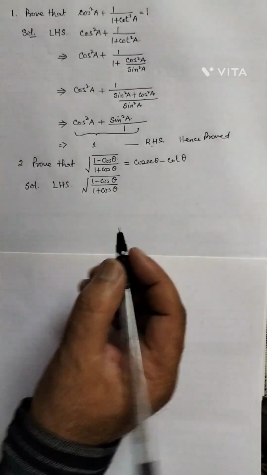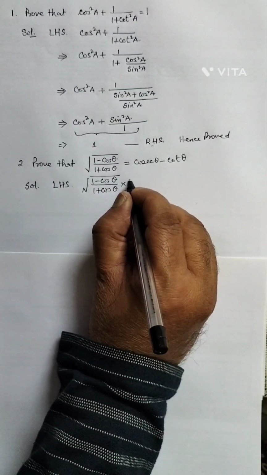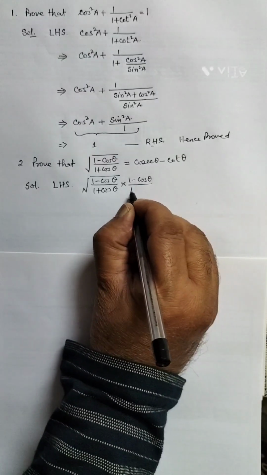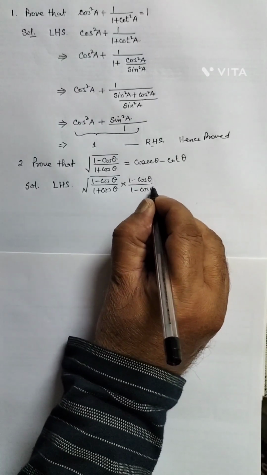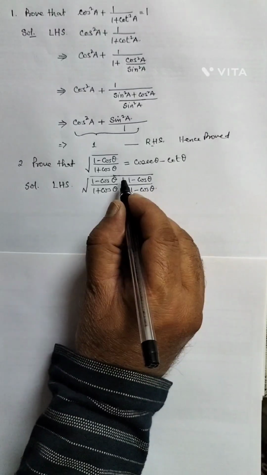Now here we will multiply numerator and denominator by 1 minus cos theta, and 1 minus cos theta upon 1 minus cos theta is nothing but 1, so it doesn't change the expression.